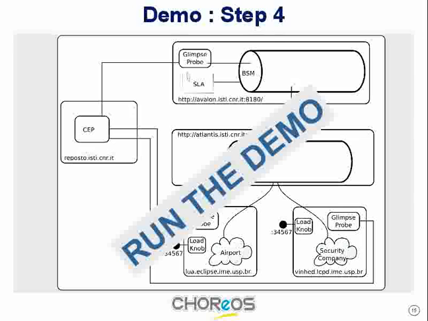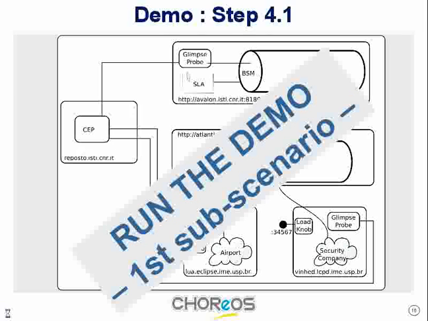The mock-up of the infrastructure is over, so we can now actually run the demo, and we organize this run in two sub-scenarios. In the first sub-scenario, we present a case study where an SLA violation happened at the business level, and as there is no information coming from the infrastructure, we infer that this violation is due to a problem at the business service level.